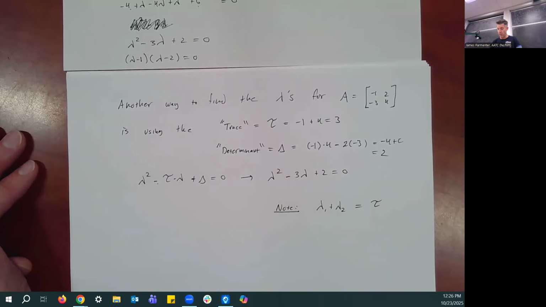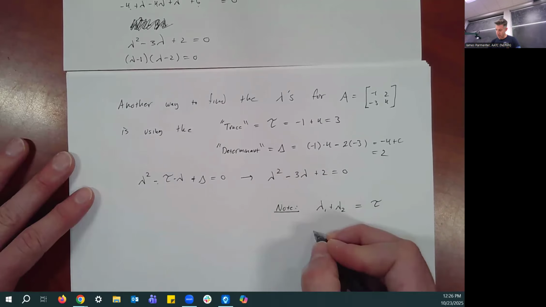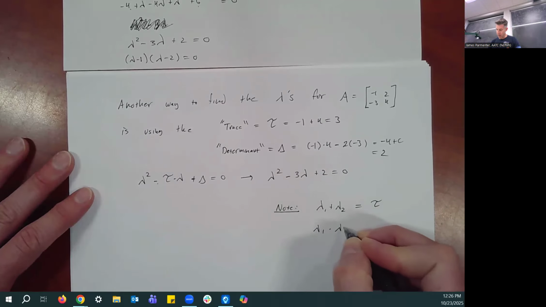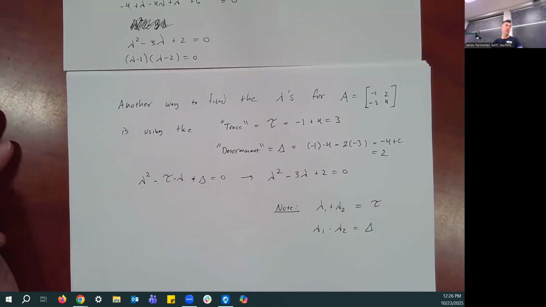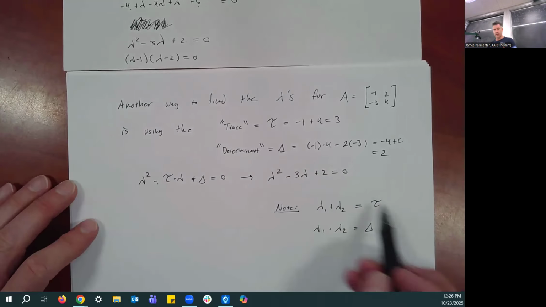Our eigenvalues were 1 and 2, and 1 plus 2 is 3. And the eigenvalues multiply to the value of the determinant. And they do. 1 times 2 is 2. That's not something you need to know really, but it's neat to know. It's worth knowing, and it helps us see a few things later on. So keep that in your back pocket. But again, don't worry too much about this.